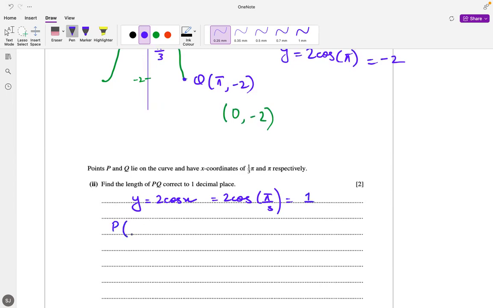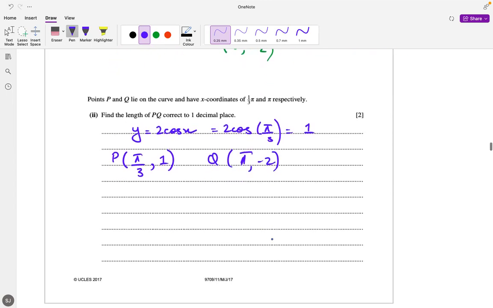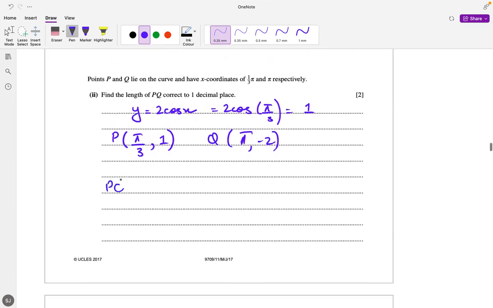So we know that the coordinates of P are pi upon 3 comma 1, and the coordinates of Q are pi comma minus 2. Now using the distance formula, the distance PQ will be the square root of x2 minus x1, so pi minus pi upon 3 whole squared, plus minus 2 minus 1 whole squared. Substituting this in the calculator, we'll get PQ equals 3.7.